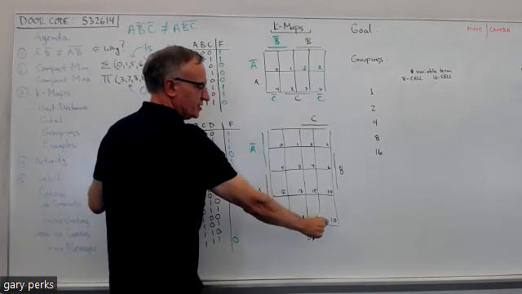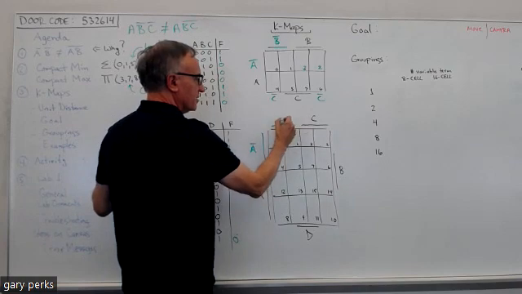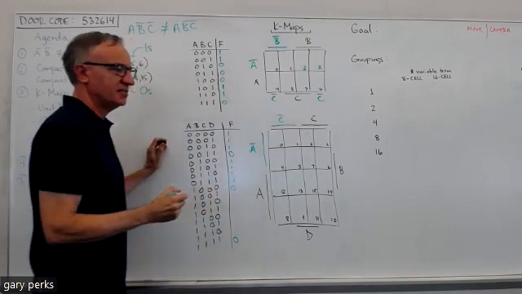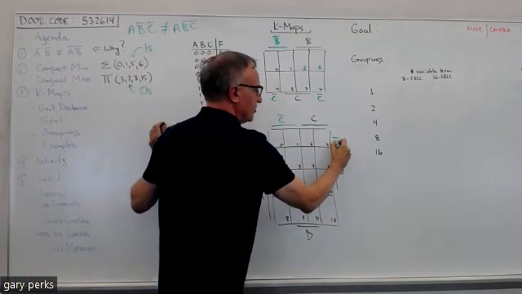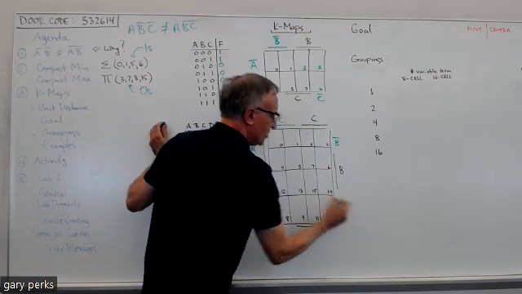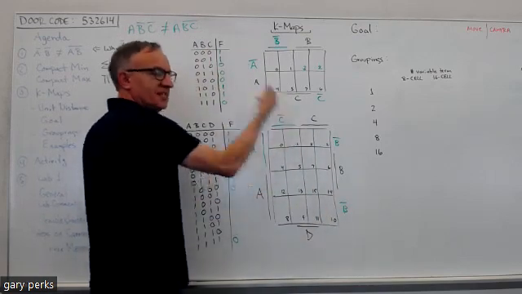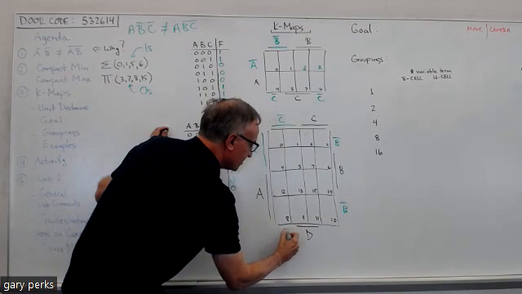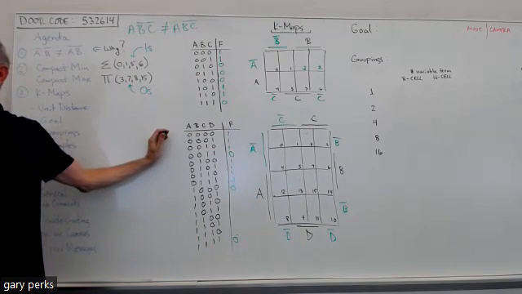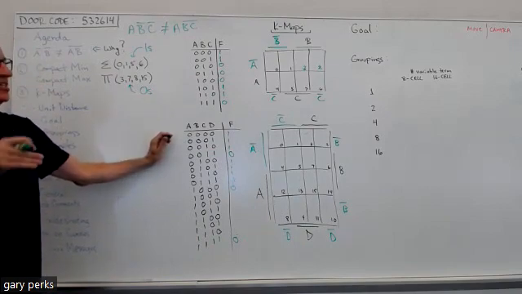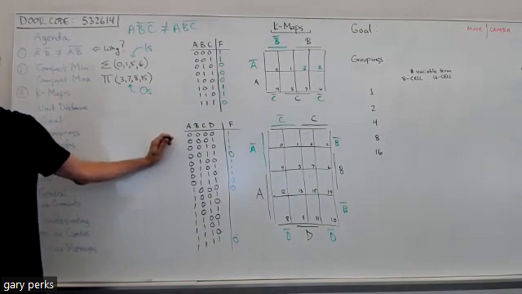For all these numbers, C is 1, so these columns over here would be not C. For these 2 rows, B is 1, so this row would be not B, and this row would be not B. For these 2 columns, D is equal to 1, so this column would be not D, and this column. Usually the not variables are not shown. They usually show just the A, B, C, but it's understood what the other rows and columns are. Does that make sense?